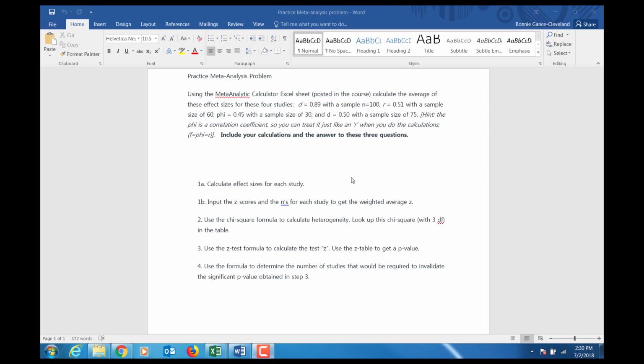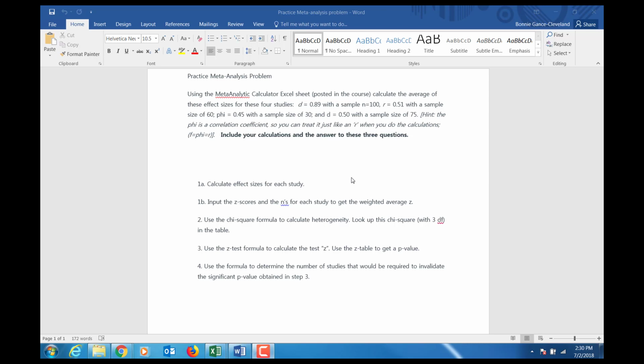So include your calculations in the answer to these questions. You're going to calculate the effect size for each study. You're going to input the z-scores and the n's for each study to get the weighted average z. You're going to use the chi-square formula to calculate heterogeneity. You're going to look up this chi-square with 3 degrees of freedom in the table.